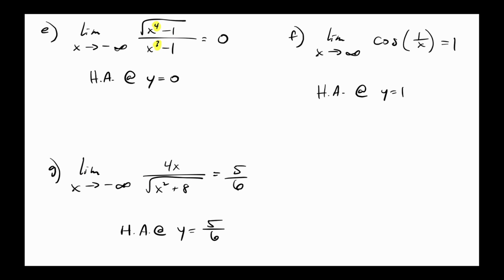Last one, G. Well, the bottom's x, the top is x, because the bottom has a square root. In reality, they're both to the first power. But it's negative infinity. Wait, let me double check this. It doesn't look right.